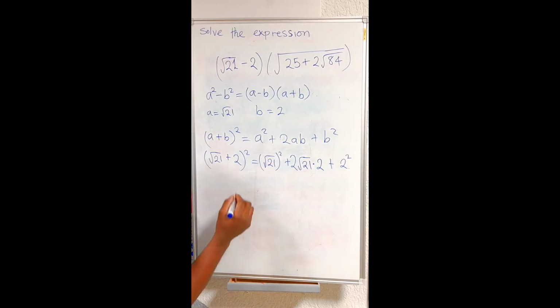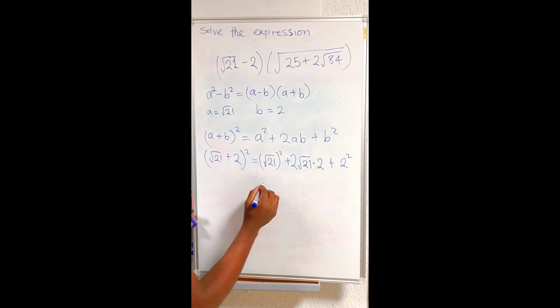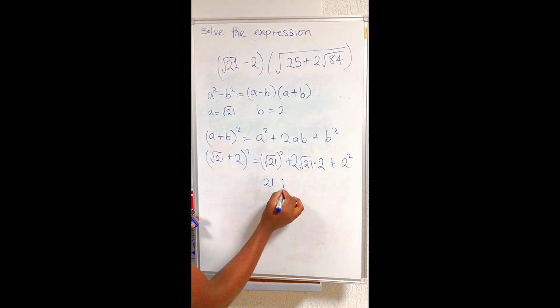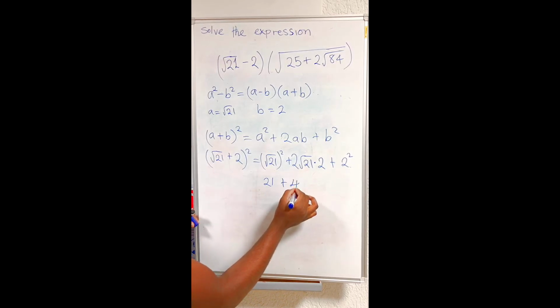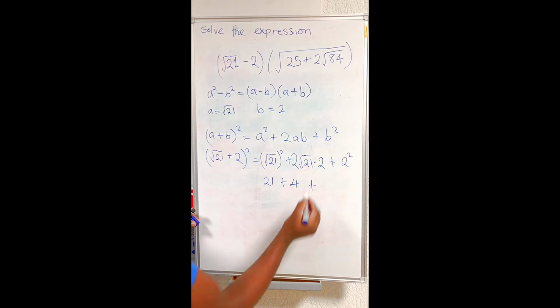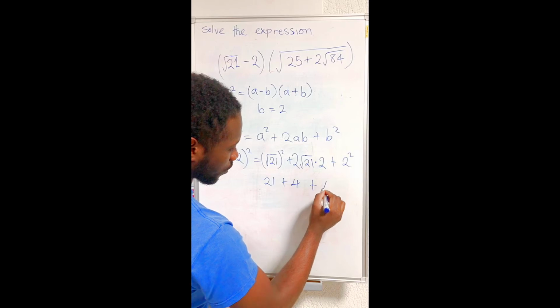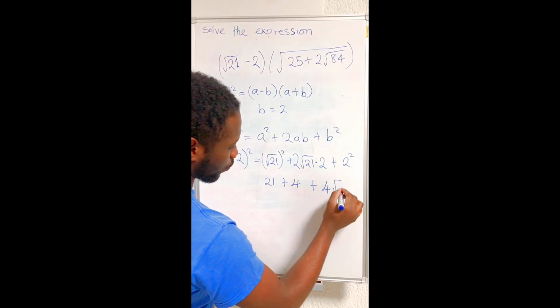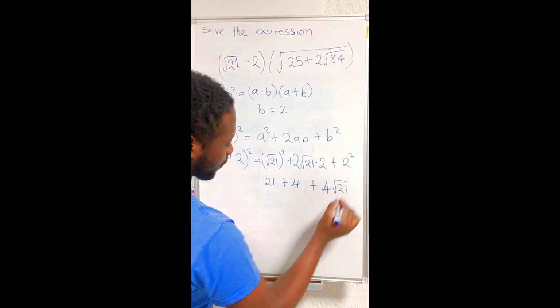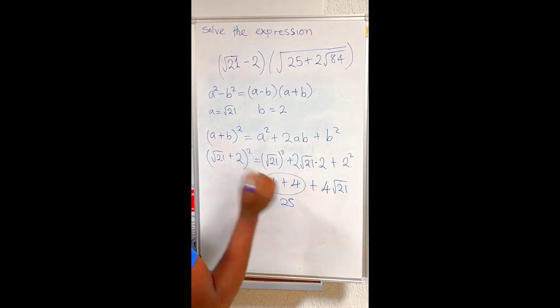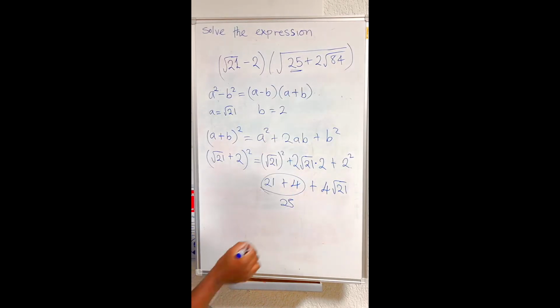Root of 21 to the power 2 will just give you 21, plus 2 squared will give you 4, plus this times this will just give us 4 root of 21. Okay, so this side we have a 25, exactly like what we have here.